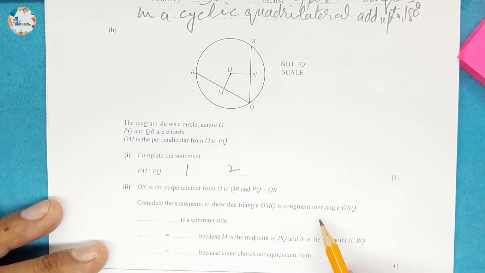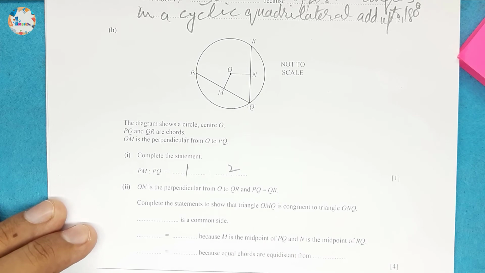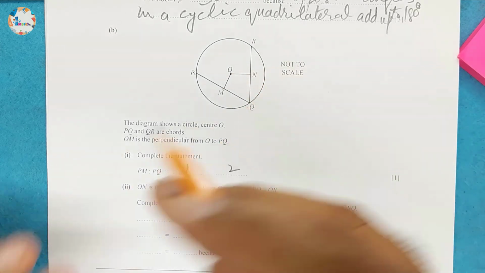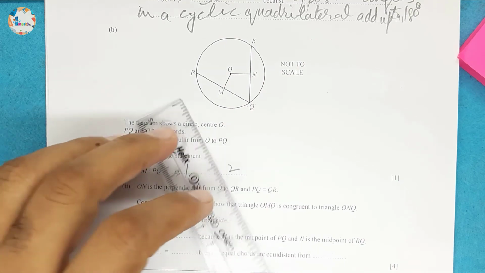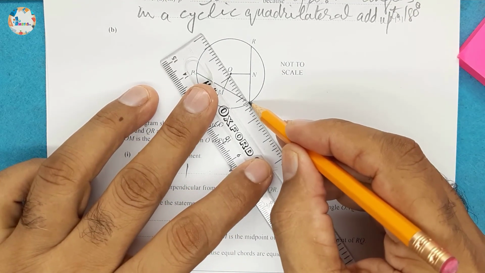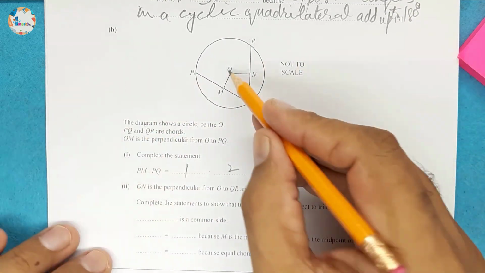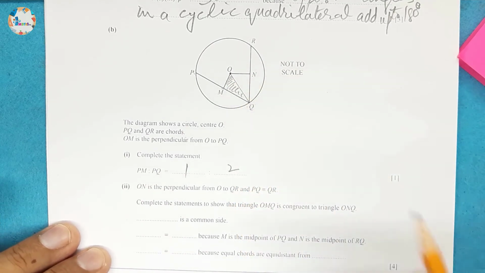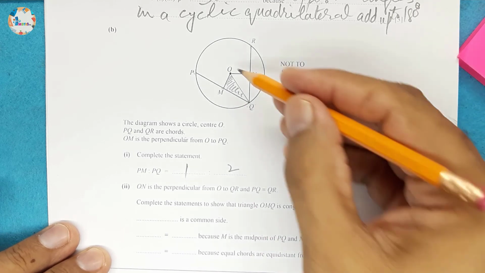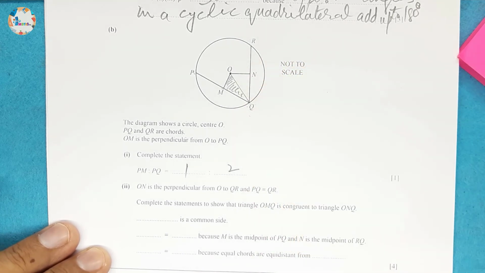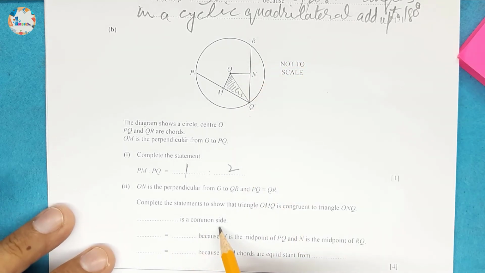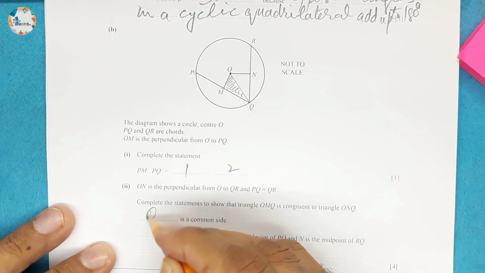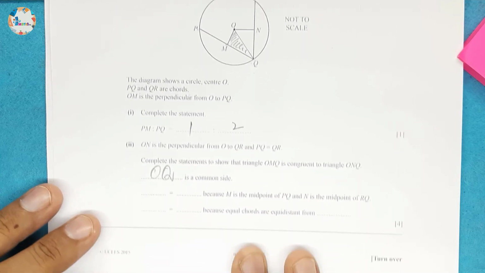So complete the statements to show that this triangle OMQ is congruent. So we can join this. This triangle they are talking about, OMQ, is congruent to triangle ONQ. OQ is basically the common side, so we can write here OQ.